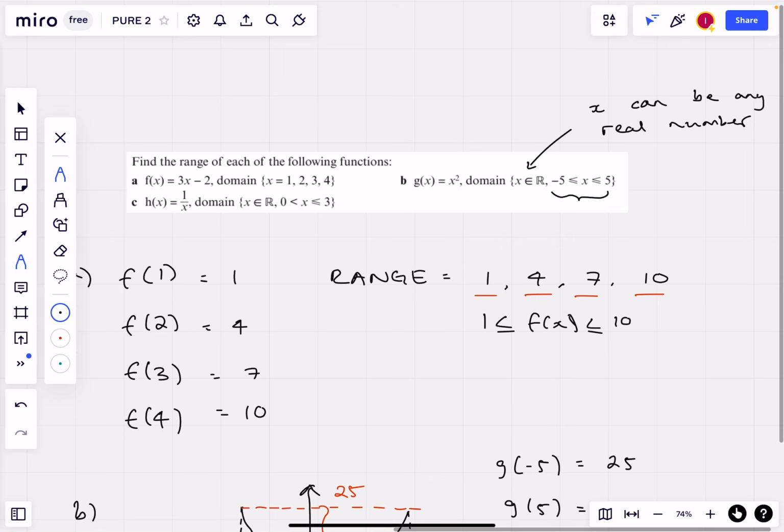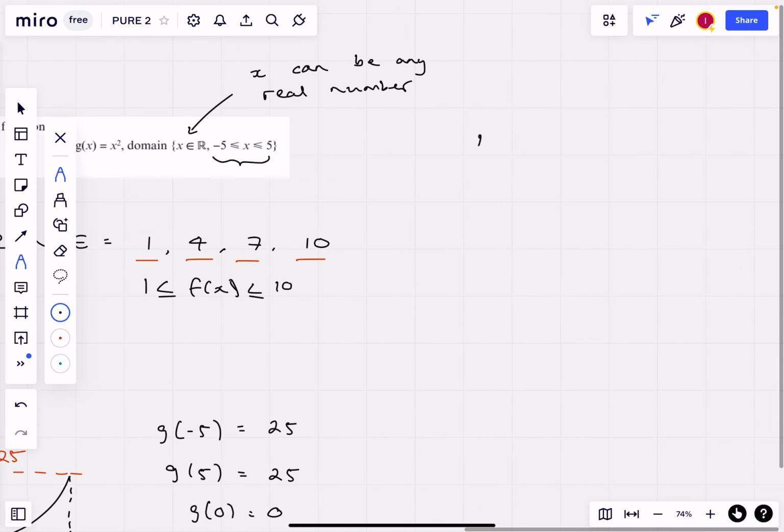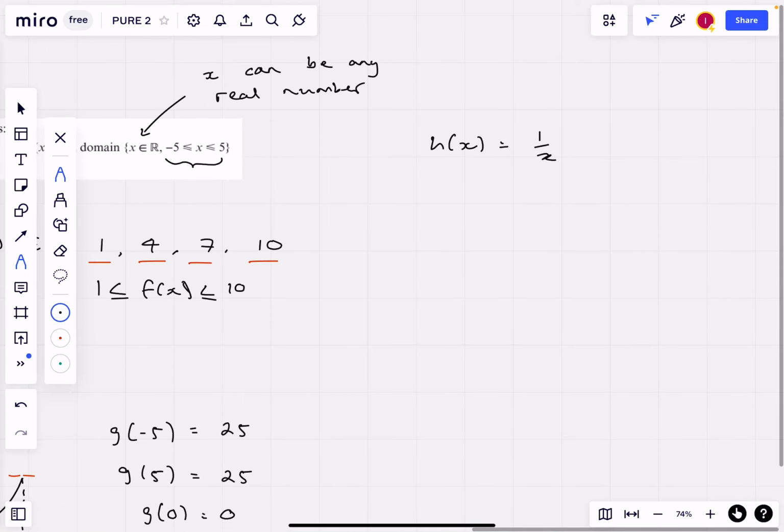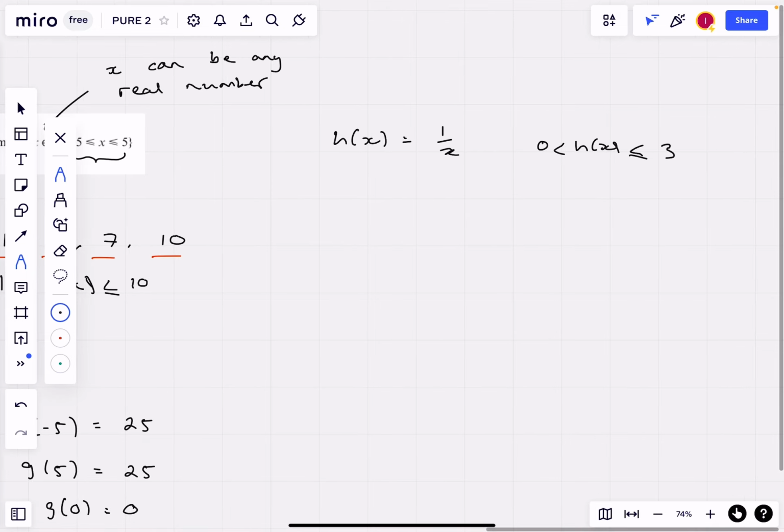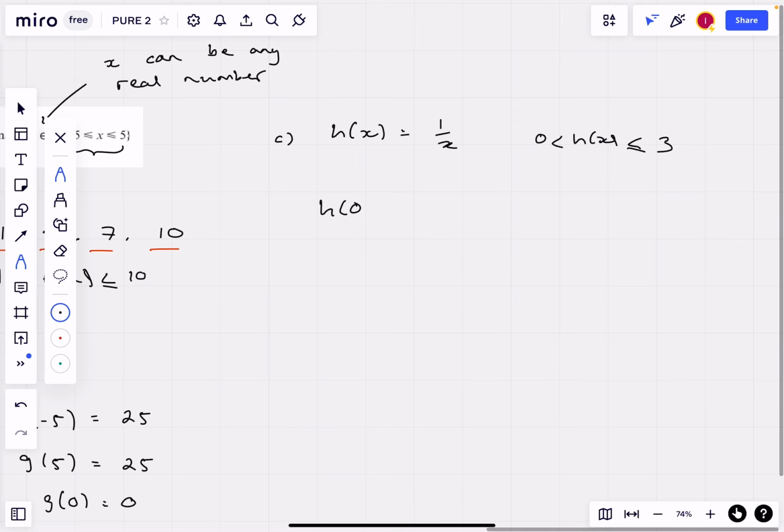Okay, so let me just write down the function 1 over x, and it's from 0 less than x, less than or equal to 3. Okay, if we sub in h(0), we get no solution. And if we sub in h(3), we get a third.